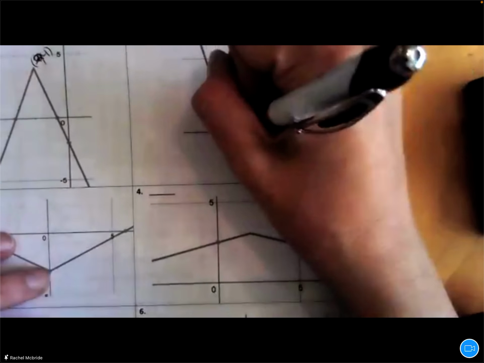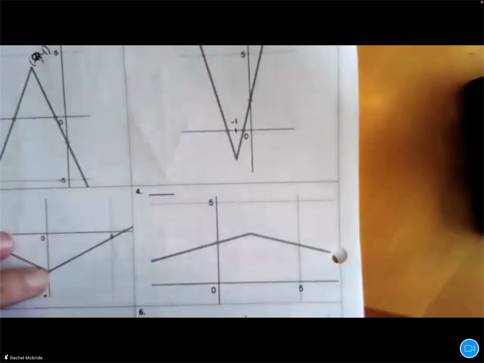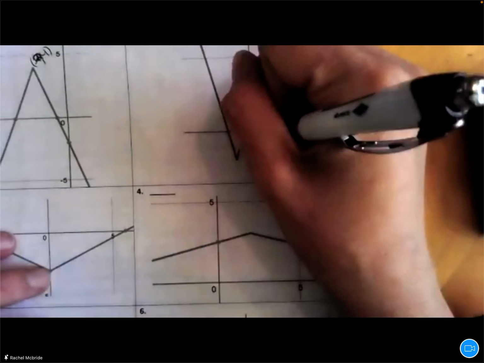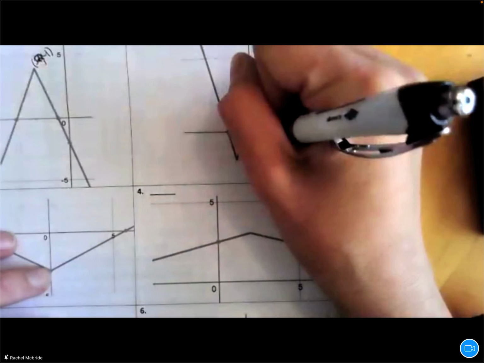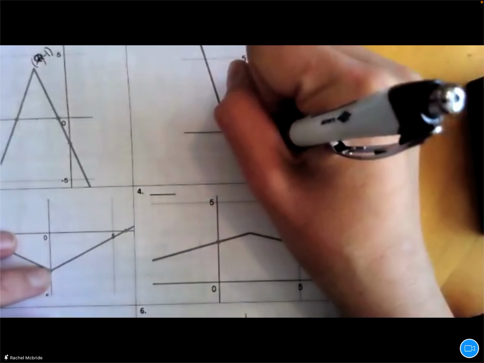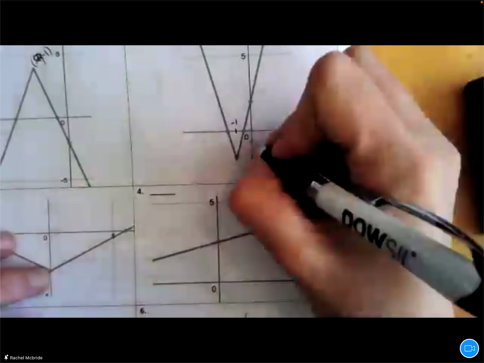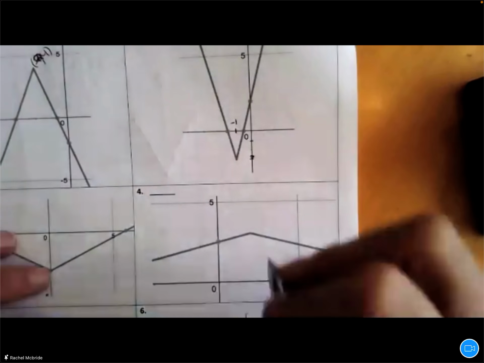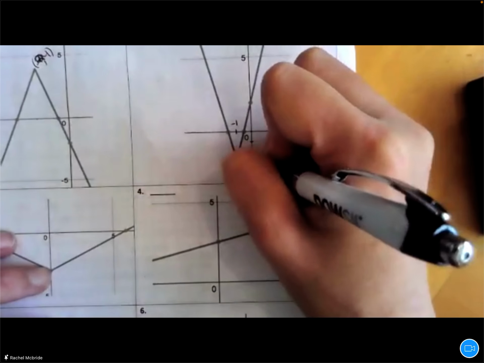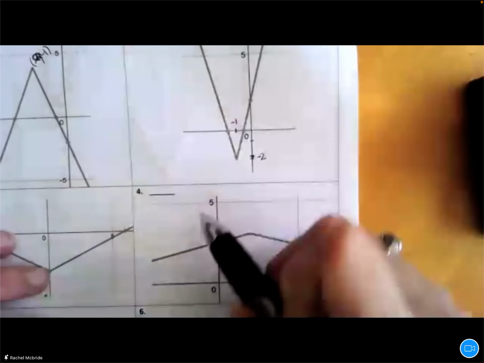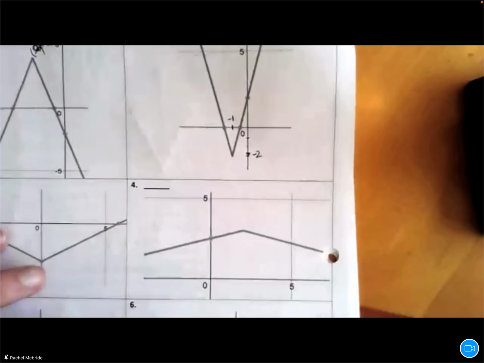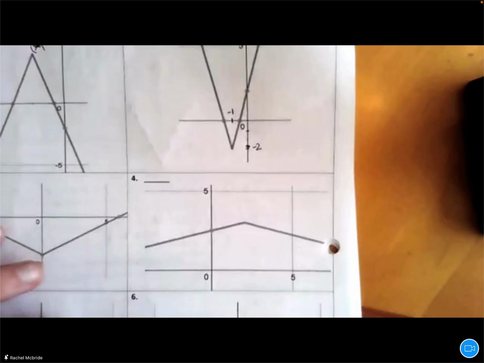In this example, it is at -1. It is shifted down. Probably about 2. It looks like the slope is about up 1/2.